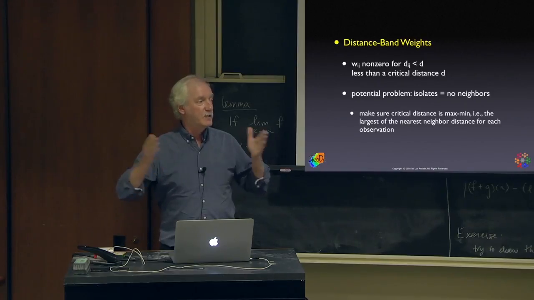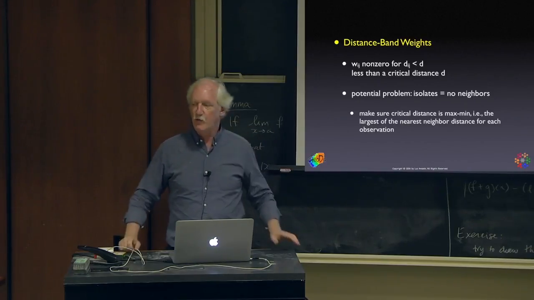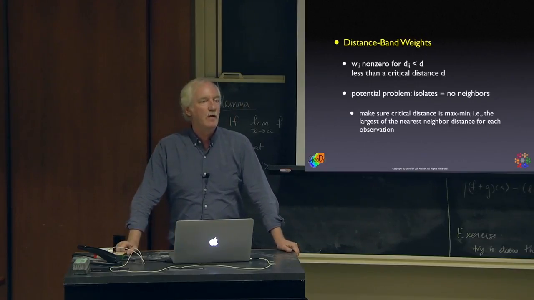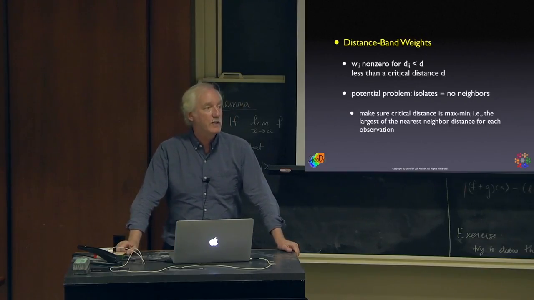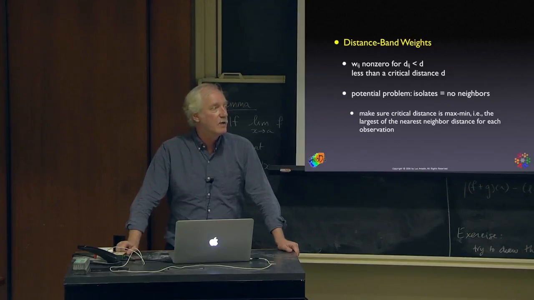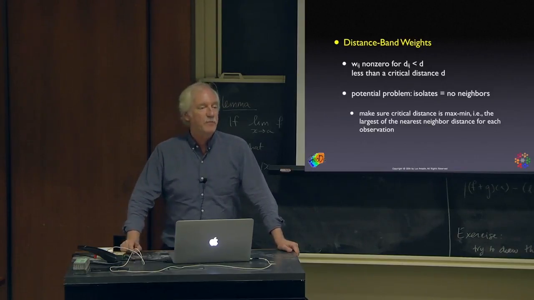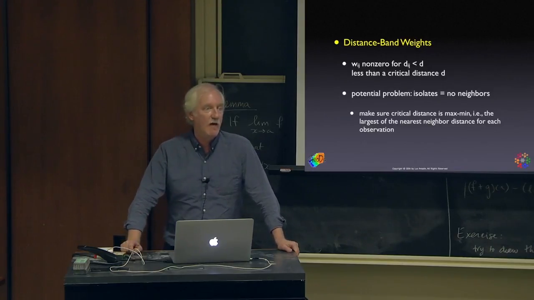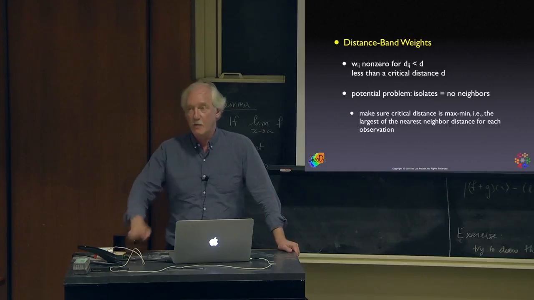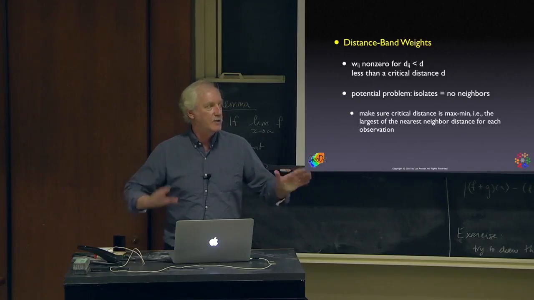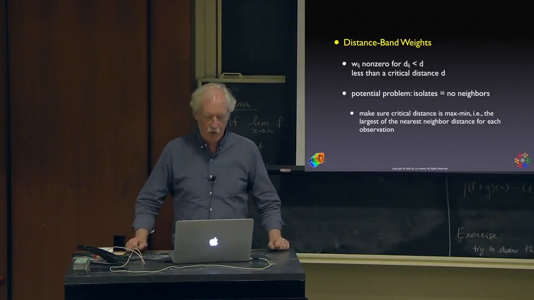So the distance that we come up with for the US, I believe, is somewhere around 90 miles. Now, 90 miles is a huge distance for some of these smaller counties in New England, right? So this will have repercussions, and we'll talk about that in a few minutes, in that some observations will have very few neighbors, maybe even one, and others will have very many neighbors, which is not good for our analysis. That's a big practical problem.